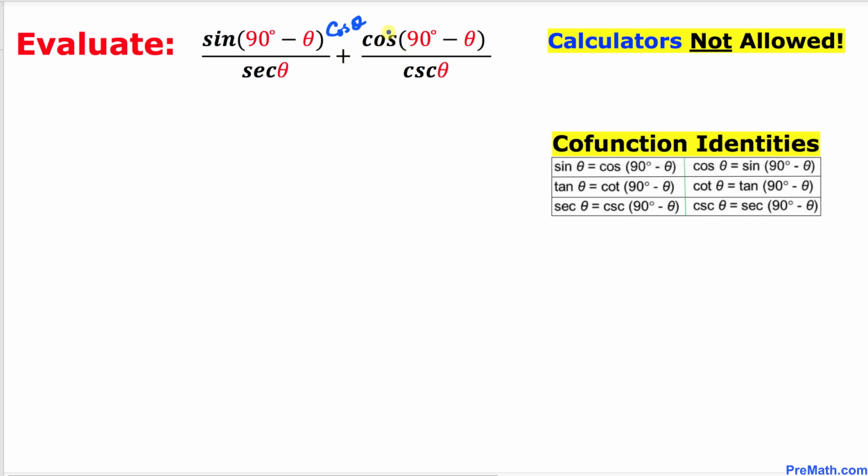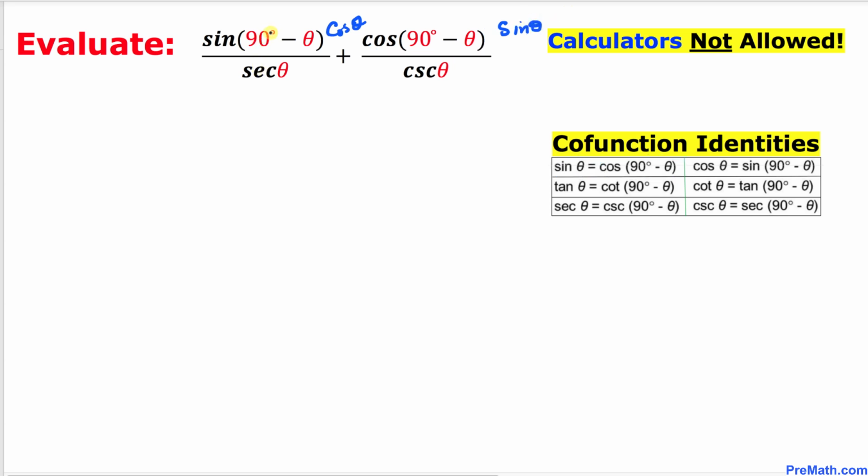Now let's focus on cosine of 90 minus theta, and we can see that it is the same as sine theta. So I'm going to replace this one by sine of theta.